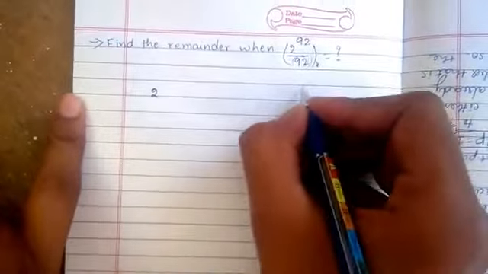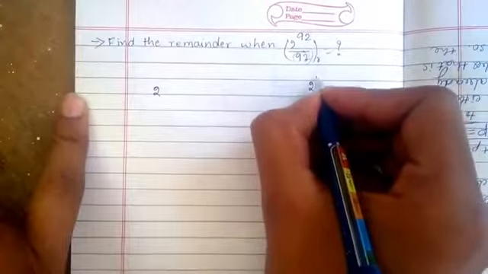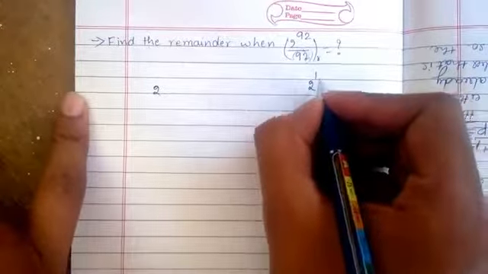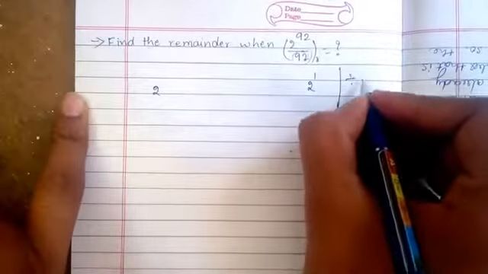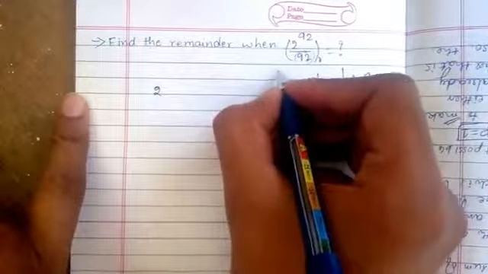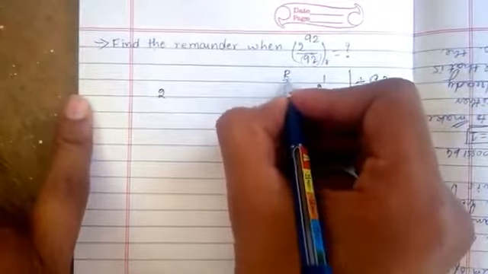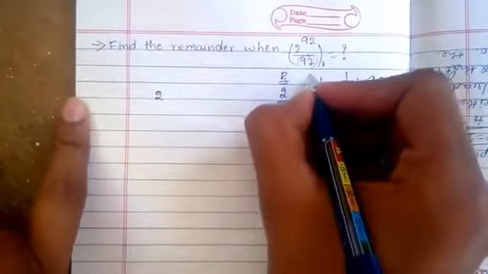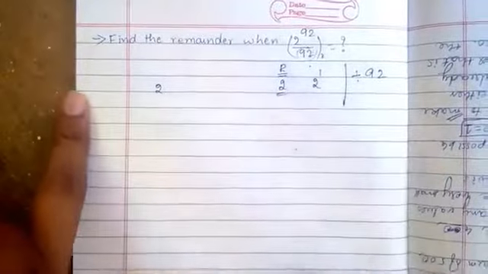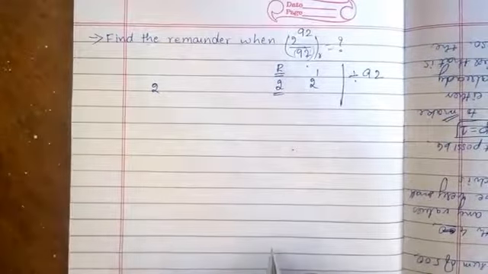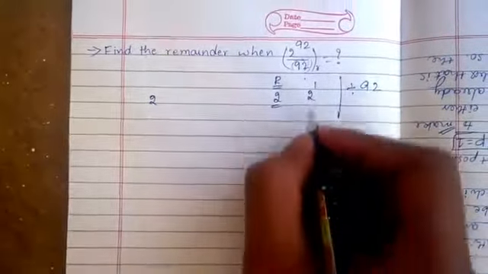Write the first power of 2, 2 power 1, and since we are dividing by 92, we will also write the remainder, which is 2 itself. We will write the remainders here and powers here. This is a sort of tabular column that we are going to make use of.